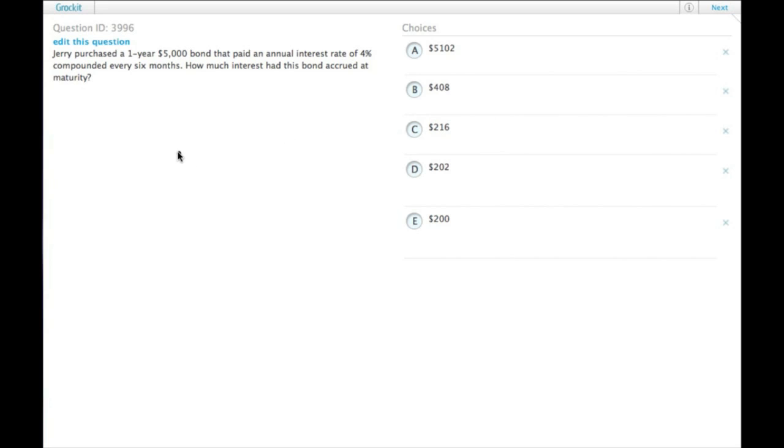decide that it's worth your while to memorize the formula. So to write it out in words, the amount of money that you get at the end is equal to the principal times 1 plus the annual rate divided by the times that it's compounded.